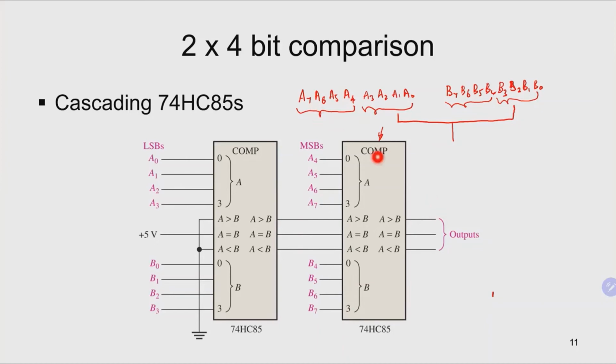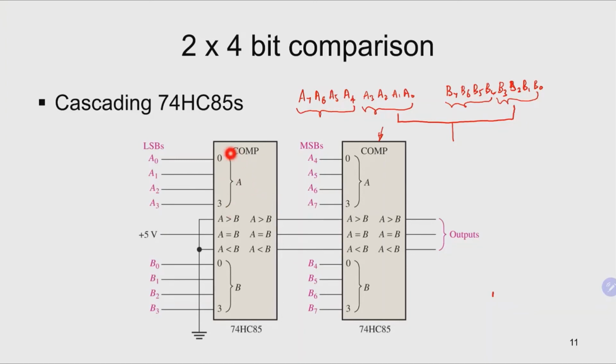If in this comparison A equals B, then this input is important. We need to look at the 4 bits at the bottom, or the previous state.